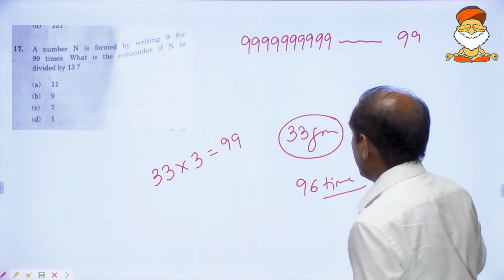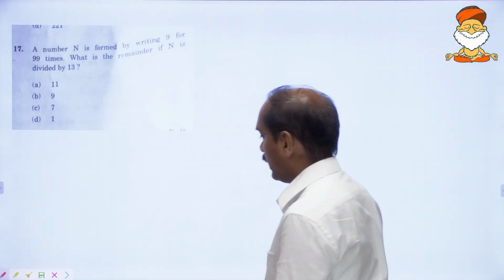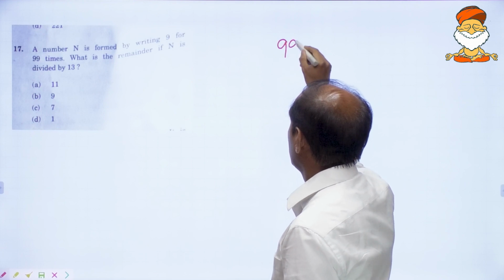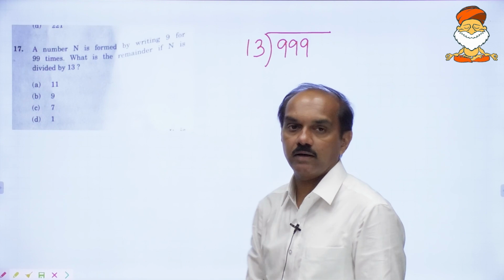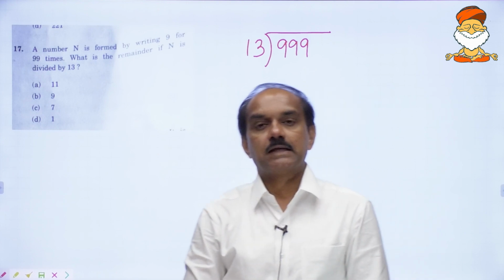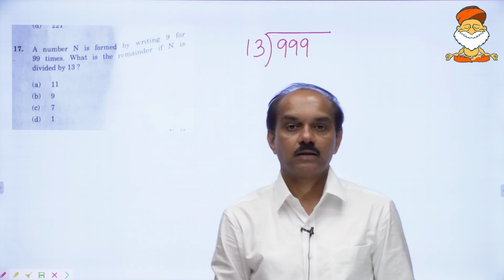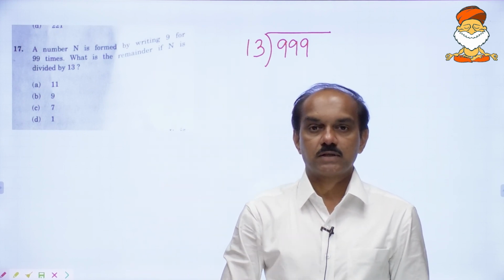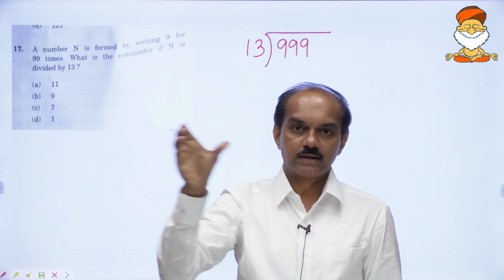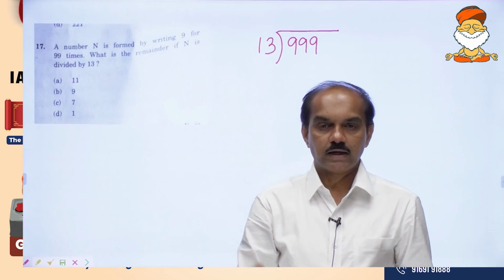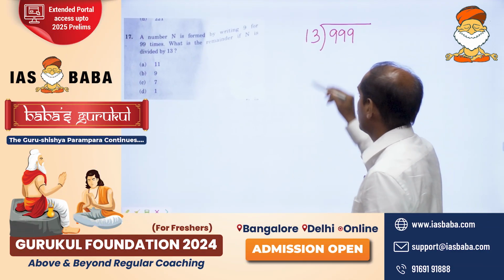But in the end, you will be left out with one group, and you will have to divide only that by 13, because the rest will get completely divided, as 32 groups means 16 groups and remaining 16 groups, they will get squared off. So one group will remain, 999.